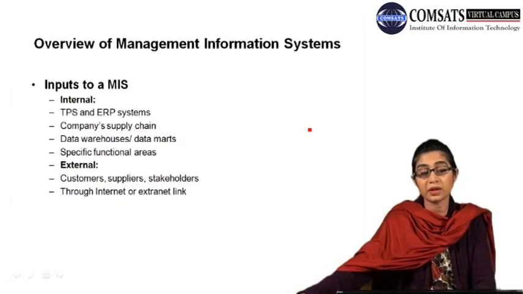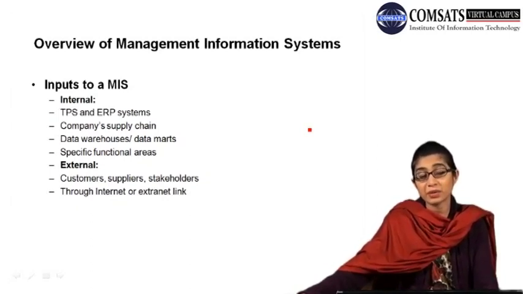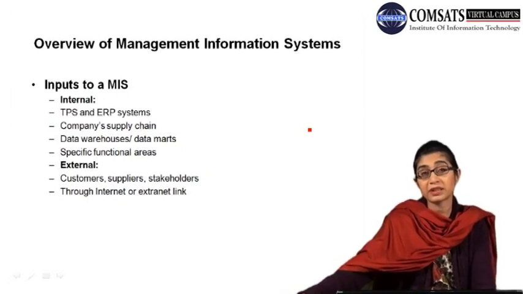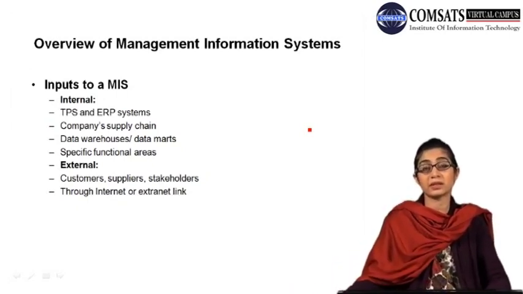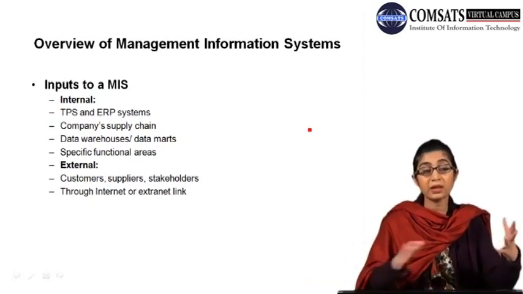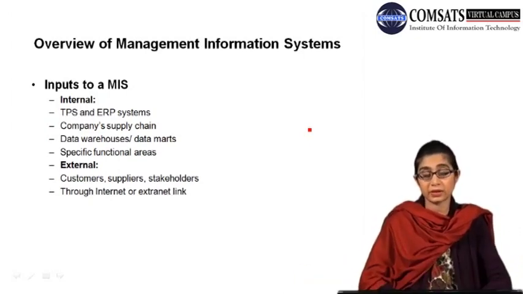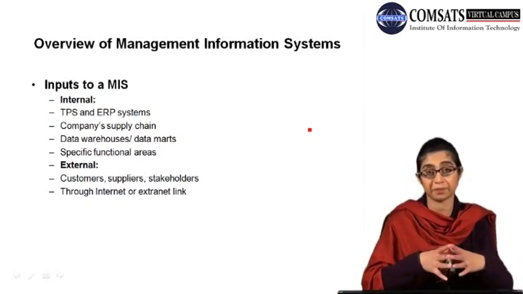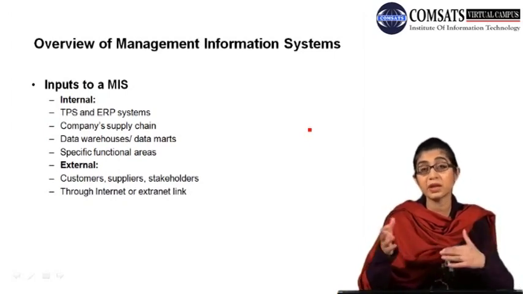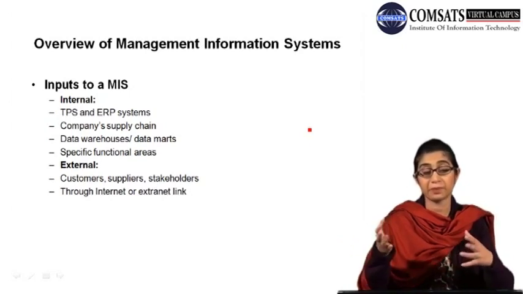Now let's have a look at the different kinds of inputs to the management information systems. एक तो हमने बात की input की, we talked about the TPS, that the MIS is basically getting the data from the TPS. Basically हम इसको दो categories में divide कर देते हैं. The input that the MIS is getting, internal inputs as well as external inputs.